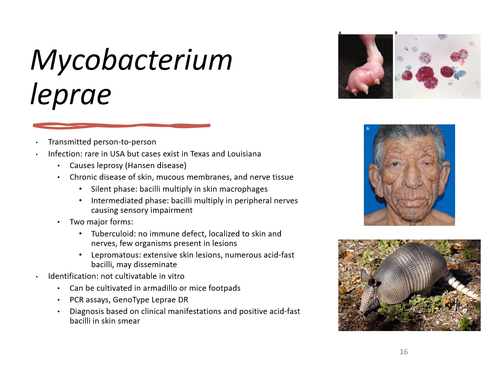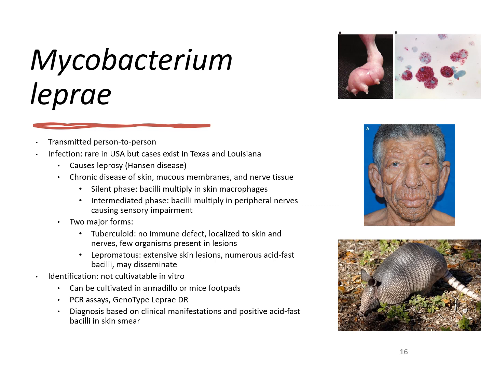This is a chronic disease of the skin and mucous membranes, and it can affect the nervous system. There is a silent phase in which the bacilli multiply within macrophages. Then there's an intermediate phase, in which they move on to the peripheral nerves and cause sensory impairment.